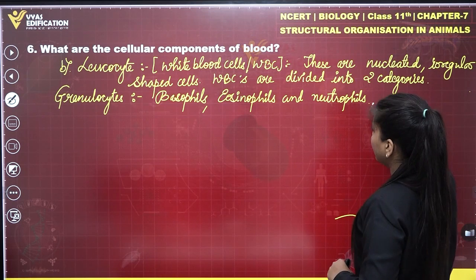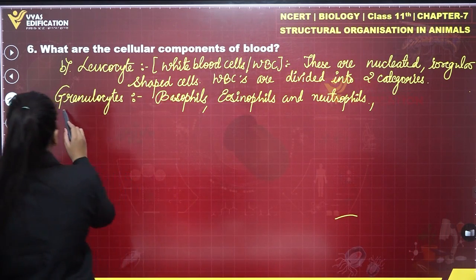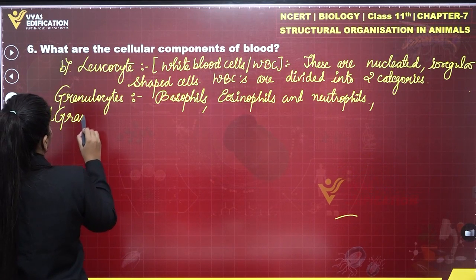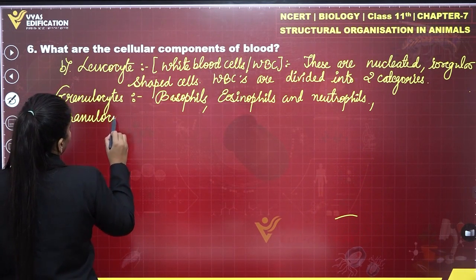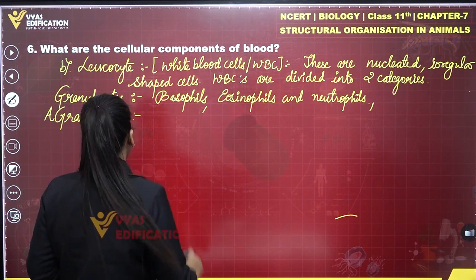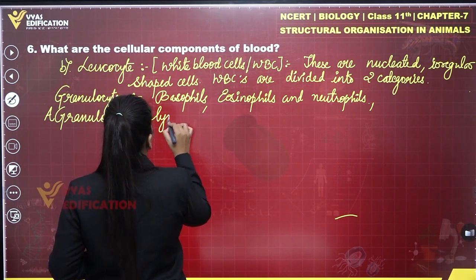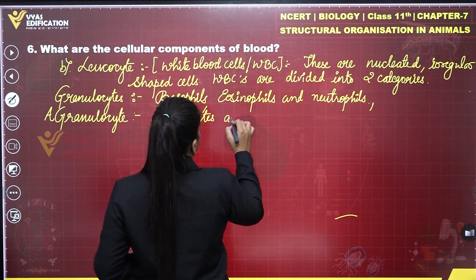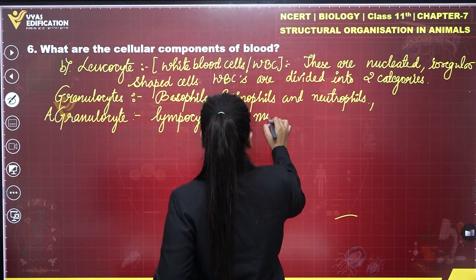The next category we have is agranulocytes, right? And we count the agranulocytes as lymphocytes and monocytes.